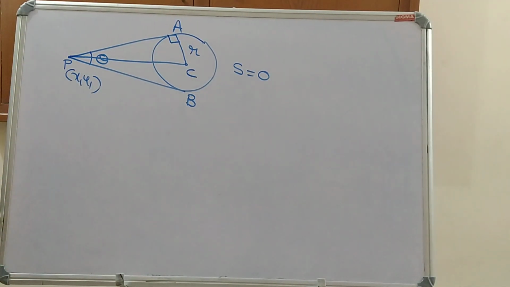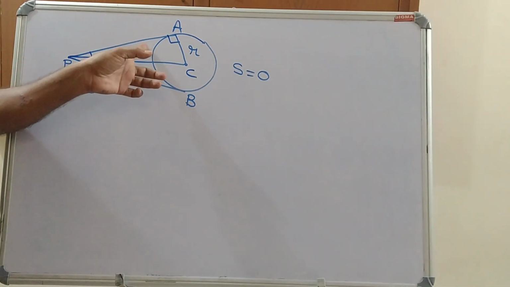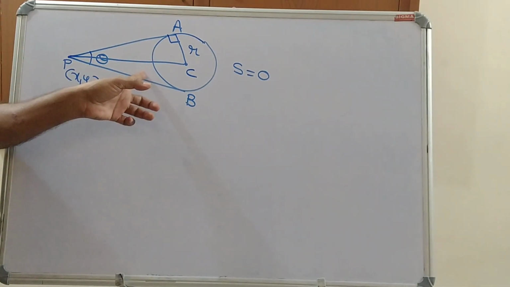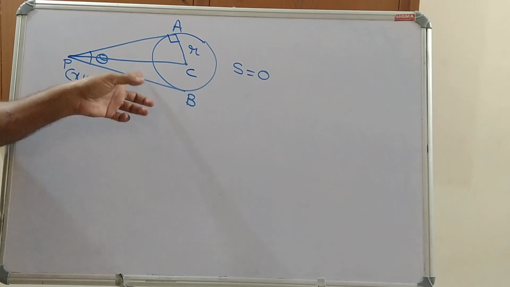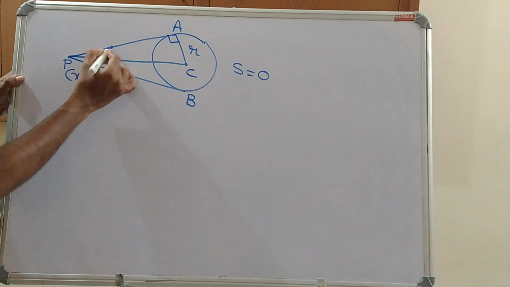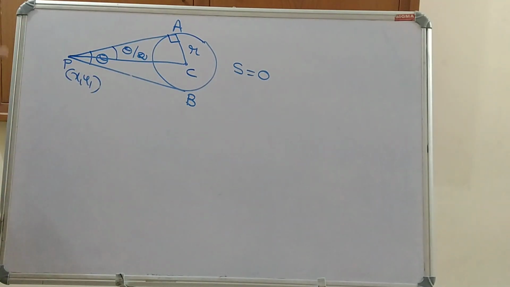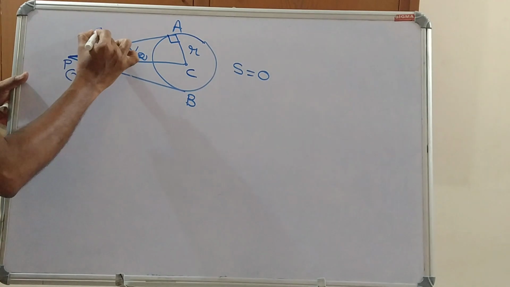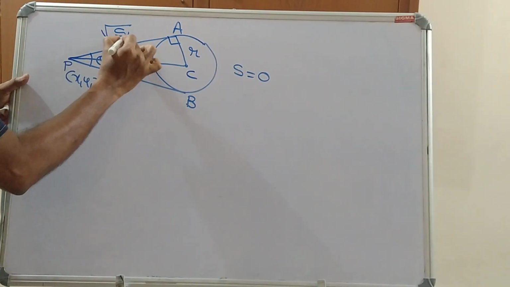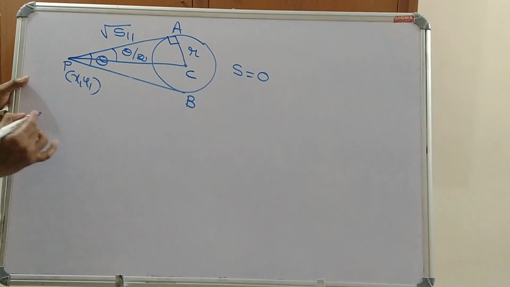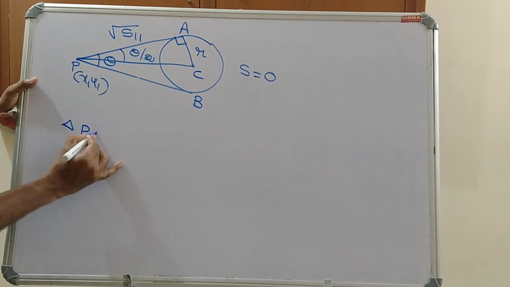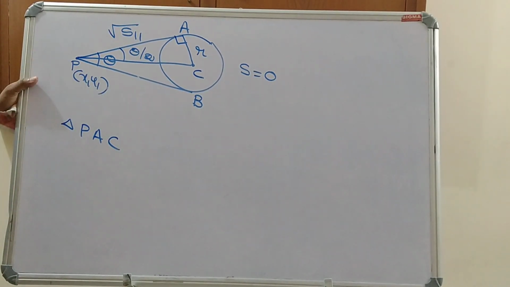Now we know that triangle PAC and triangle PBC are congruent. So this angle equals theta by 2. Now PA means the length of the tangent from x1, y1 to the circle, so PA equals root S11. Now in triangle PAC, apply tan.